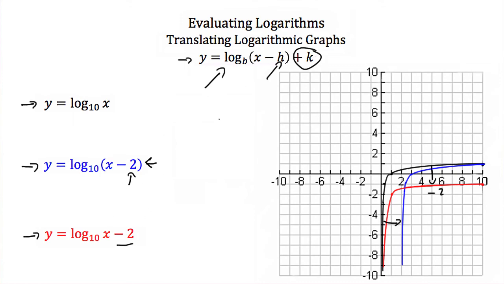Here, our k was a negative 2, so our graph was translated down 2. So that's how you can translate logarithmic graphs. If you want a horizontal translation, you have to put it inside the log function. And if you want a vertical one, you add or subtract a constant on the outside of the log function. And that completes the tutorial on evaluating logarithms.